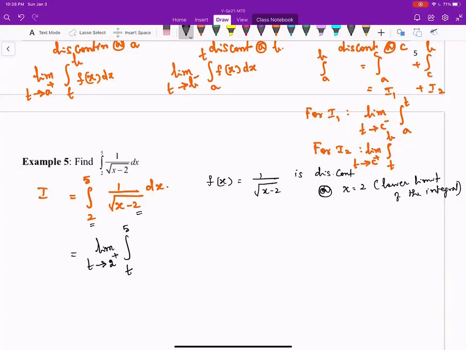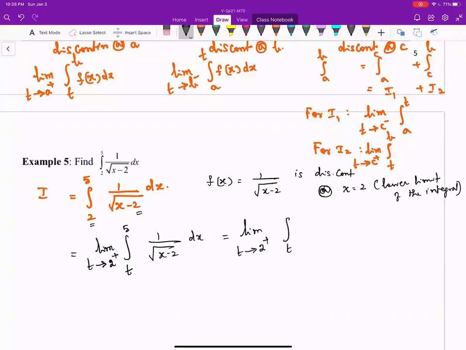If it occurs at the upper limit, you would use 2 minus or 5 minus. That is the integral of 1 over the square root of x minus 2 dx. Let's keep the limit as t approaches 2 from the right. We have to integrate this.